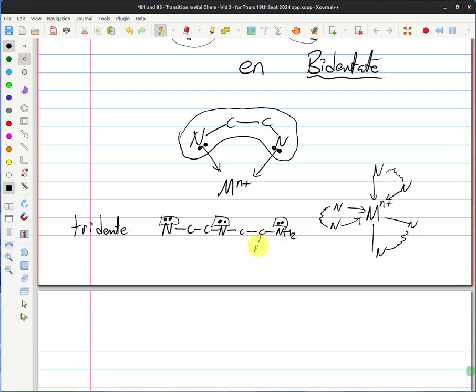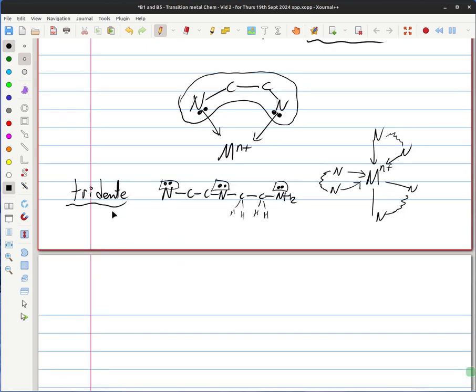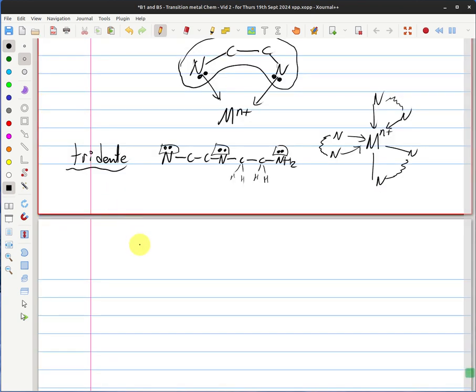I can't be bothered to show all the H's, but there are H's in the places where there are no bonds shown. So that amine, that's also an amine. It's a primary amine and also a secondary amine. So it's a mixed amine. That can be a tridentate ligand. We typically don't normally talk about tridentates. We normally talk about monos, bis, and hexas. So mono is pretty much done.